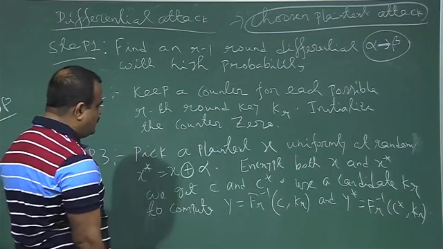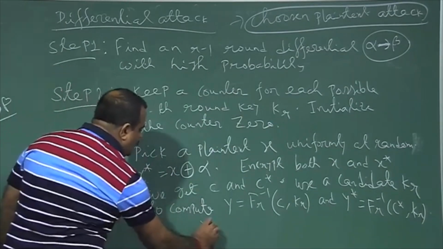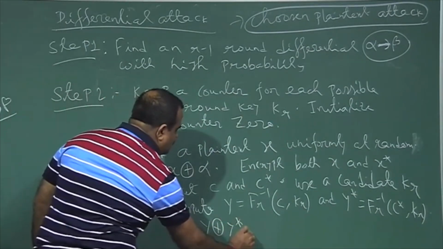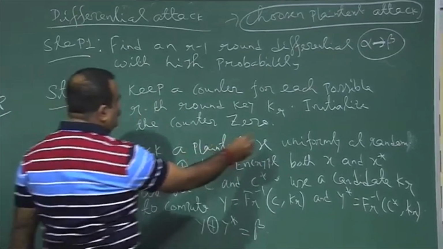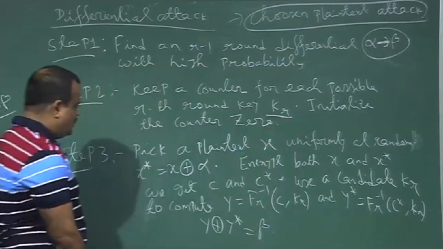Then we check whether y XOR y star is beta or not. If it is beta, then we increase the counter value of K_R by 1.